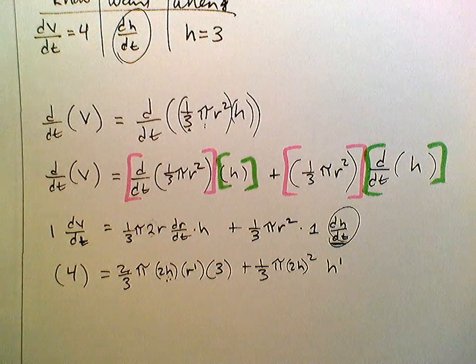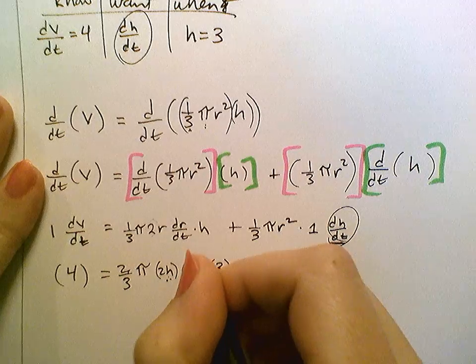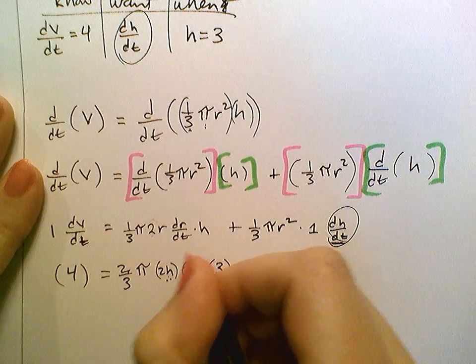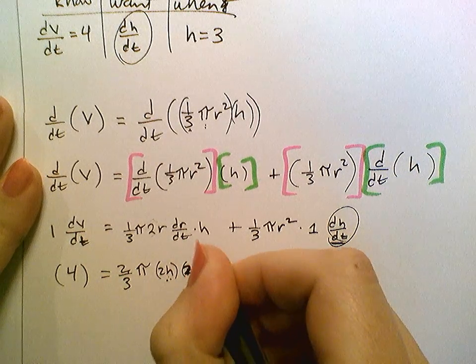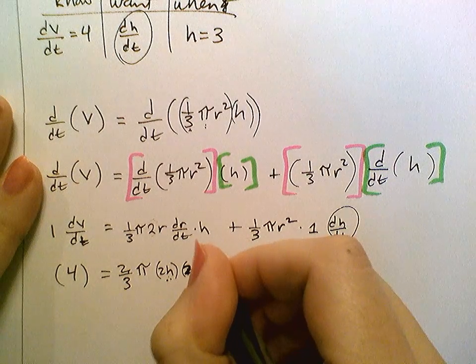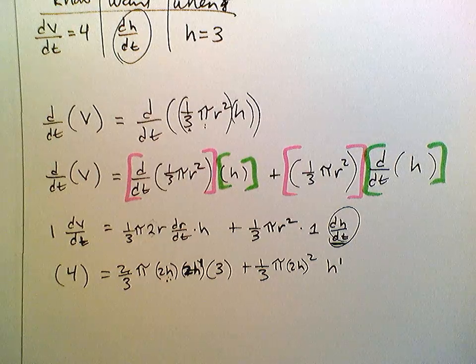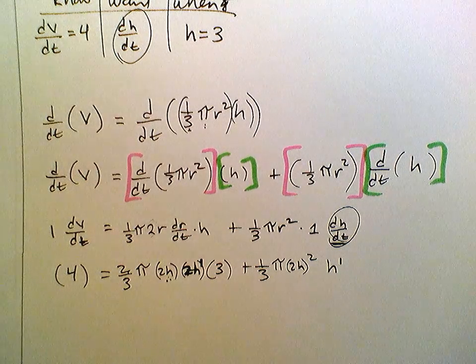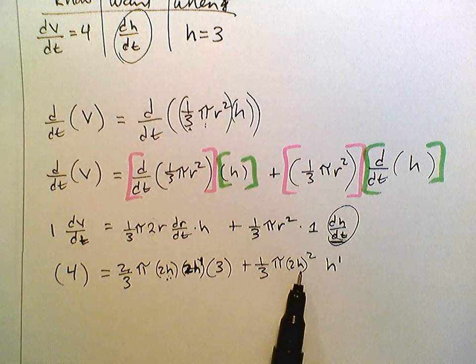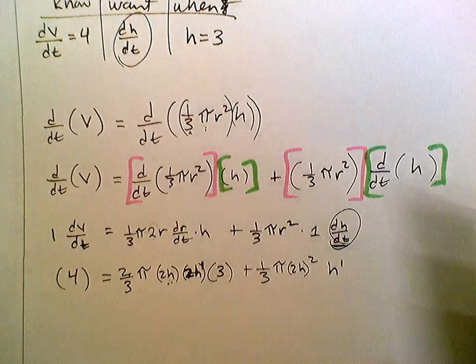That's 2h prime, which is what I wanted to plug in. Now I have to solve for h prime, but I still have an h in there, but I already knew h was 3.